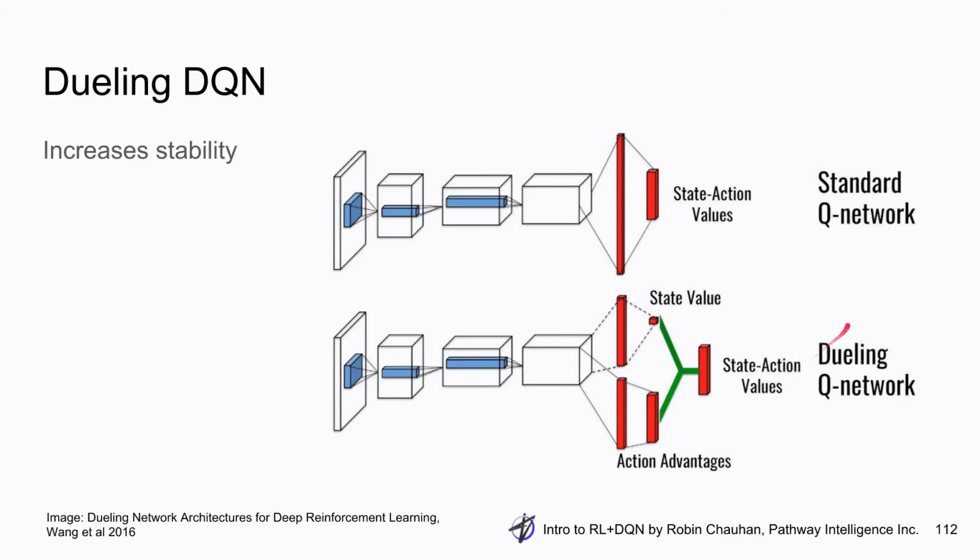And so what this is doing is decomposing the Q into the A and the V, and then recombining them. So in the end, you get the same thing. The output is exactly the same. But the internal structure separates these two things, and that provides some inductive bias that helps the network learn better. So that simple structural change ends up bringing better performance.